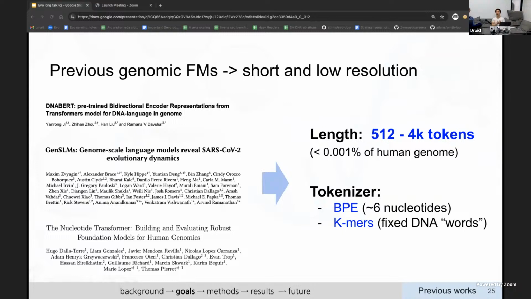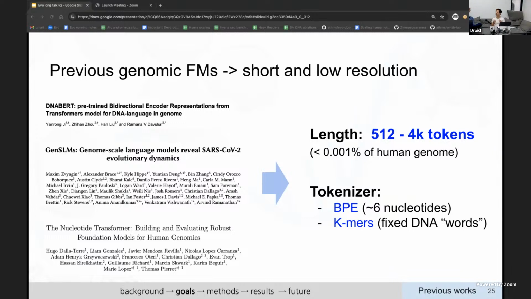Now, we're not working in a vacuum. There are existing DNA foundation models that have done great work in this space and made a lot of headway, things like DNA BERT, GenSLM, or the Nucleotide Transformer. A key technical constraint that holds back many of these efforts is a couple of areas that I'd like to highlight and dive deeper into.